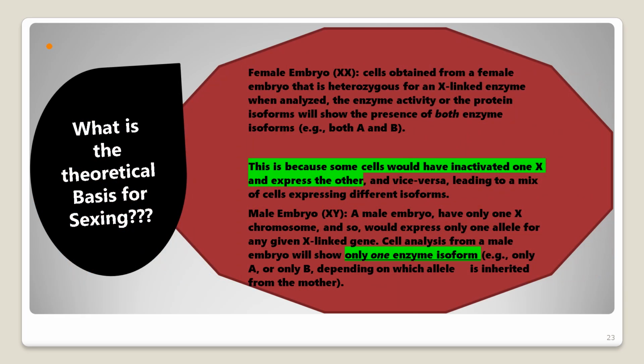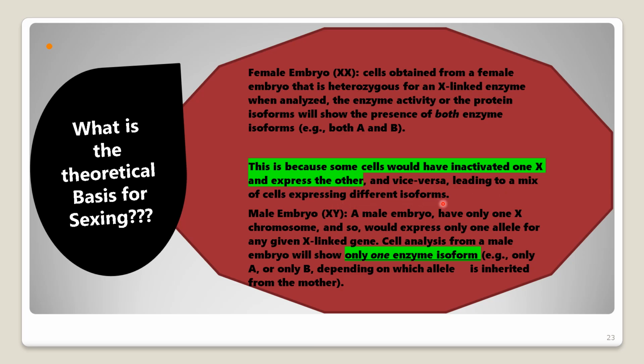So what is the theoretical basis for sexing? The theoretical basis is such that cells obtained from a female embryo that is heterozygous for an X-linked enzyme, when analyzed, will show the presence of both enzyme isoforms, that is both enzyme A and enzyme B. This is because some of the cells would have inactivated one X and expressed the other, and vice versa, leading to a mix of cells expressing different isoforms.